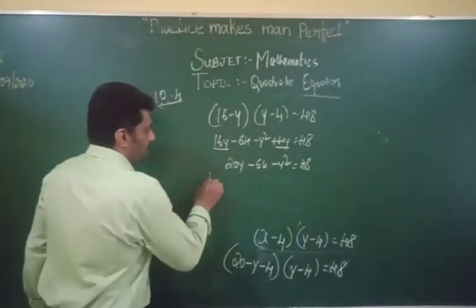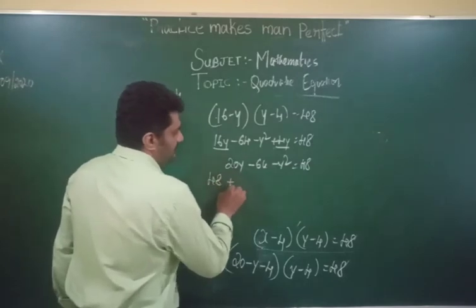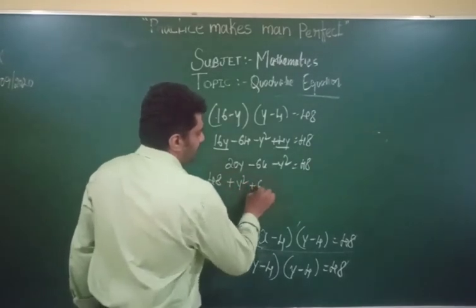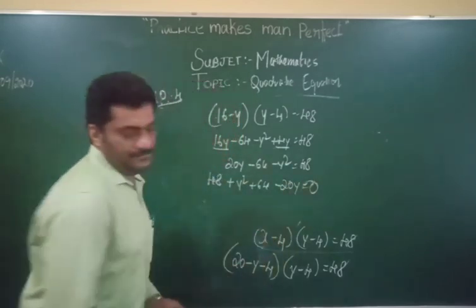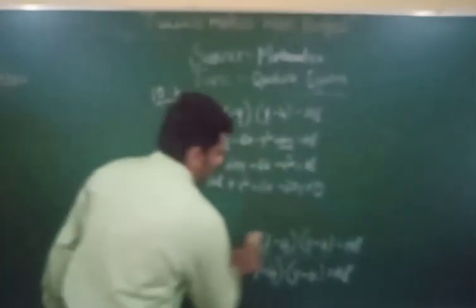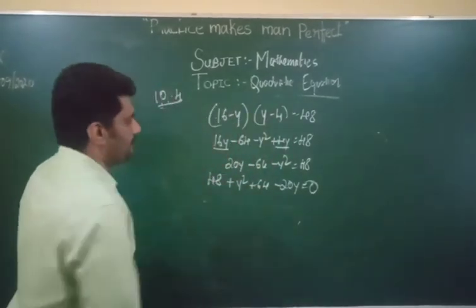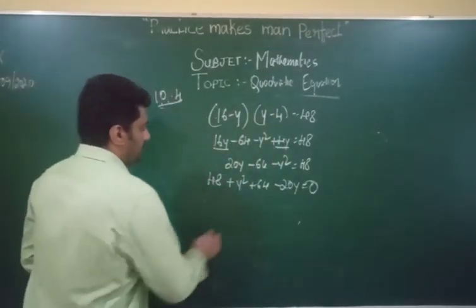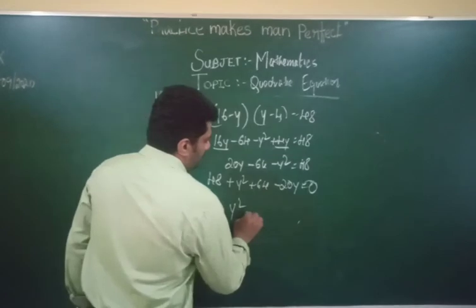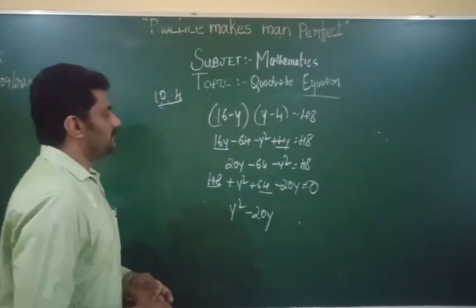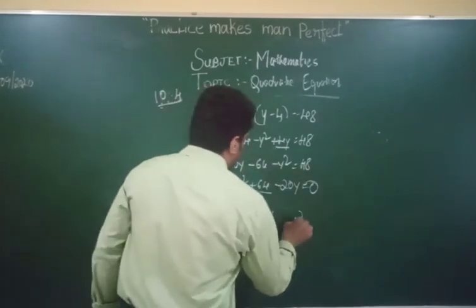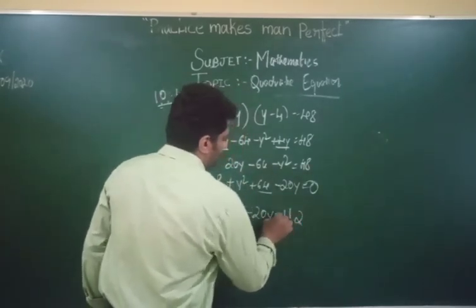It will become 48 plus y square plus 64 minus 20y is equal to 0. It is nothing but y square minus 20y. 48 plus 64 is how much? 8 plus 4 is 12, 6, 4, 10, 11.